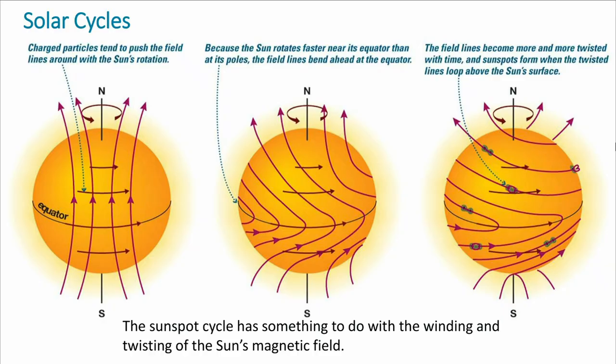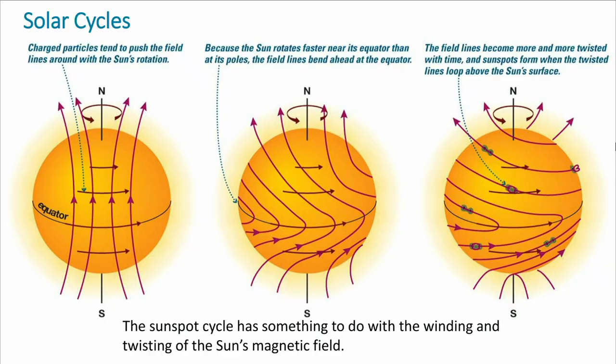The magnetic field lines at the surface of the sun are going to be affected by this differential rotation. As it spins, the magnetic field lines basically get dragged along with the rotation of the material of the sun. So this is kind of the picture of what you expect a magnetic field line to look like. You get lines coming out of the North Pole, and then they circle around and terminate at the South Pole.